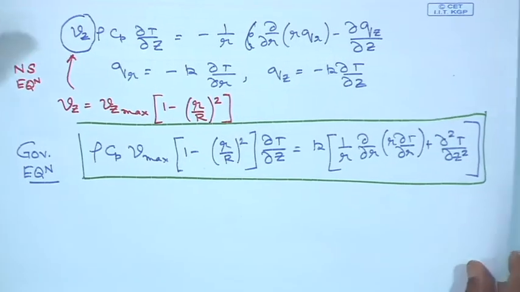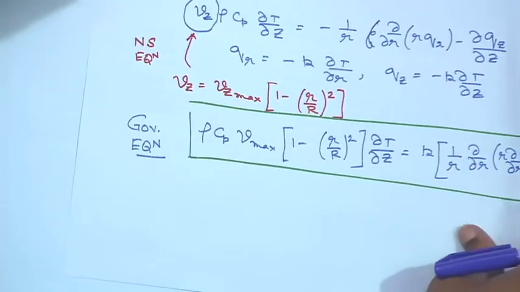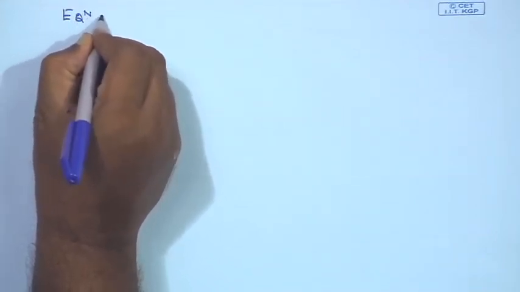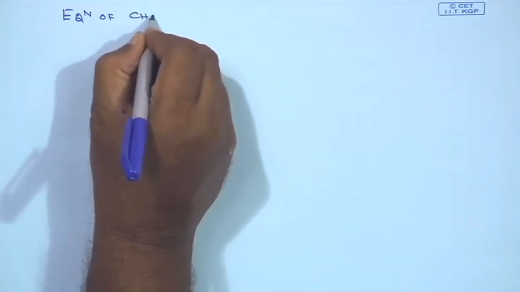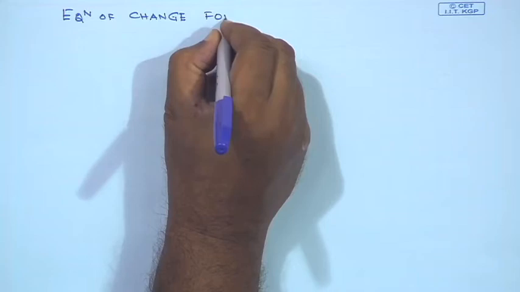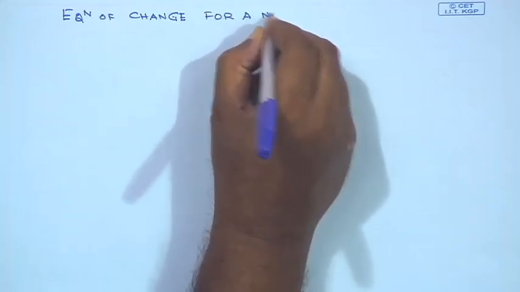So, we start our next assignment, but I will come back to this equation, where we are going to derive, at least conceptually, the equation of change for a non-isothermal system.